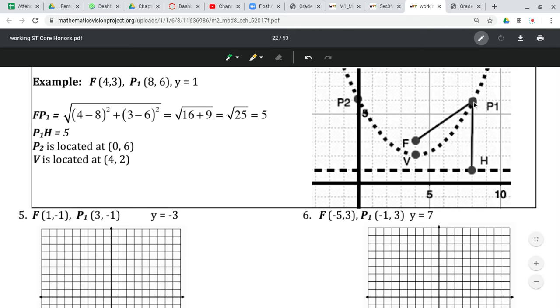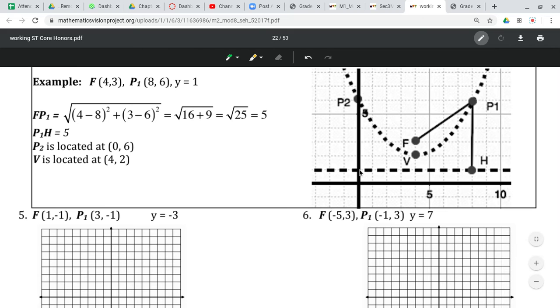That's all the information they had. Then they used the distance formula to find the distance between the focus and this point. And then we also found the distance between that point and the directrix. And then we did the exact same thing over here to figure out where it should go.